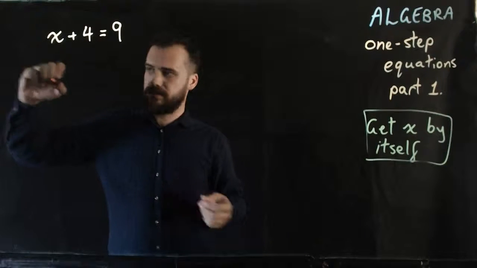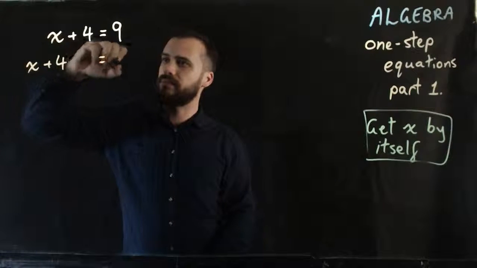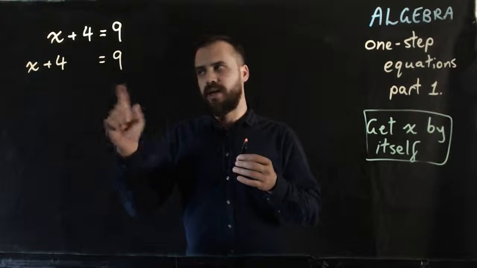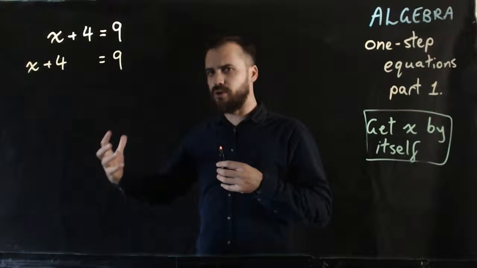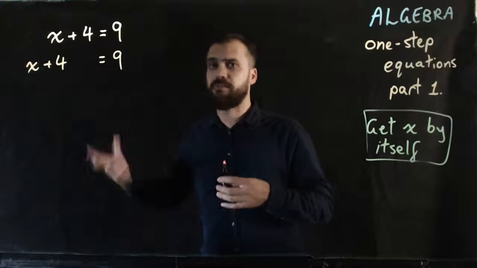We can do this. X plus 4. Now I've left a space here on purpose. How can I get rid of 4? Let's say someone gave you 4 of something, 4 apples. How could you get rid of them? Well, you'd have to give them back.